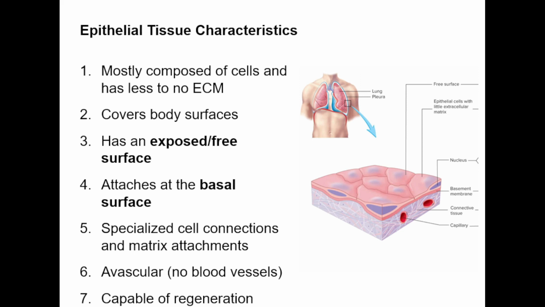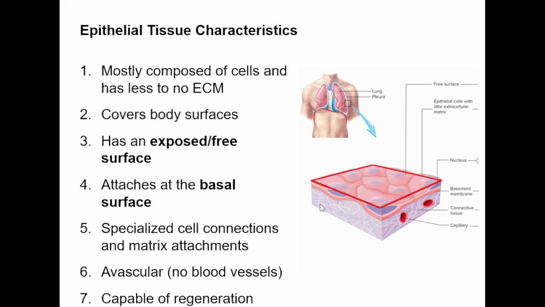The third is that these epithelial tissues have an exposed or free surface. So when we say free surface, that is the topmost layer. In this image of the tissue, the red highlighted part is the free surface, the topmost. That's it. We call it free surface because nothing is attached on top of it. Alright? There's nothing on top of it anymore, so it's free.